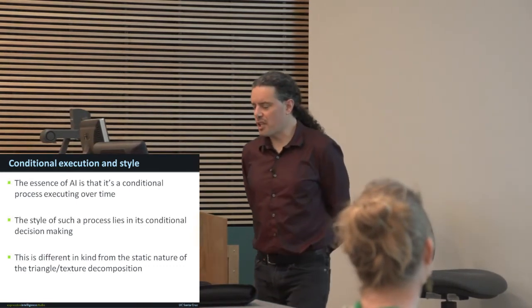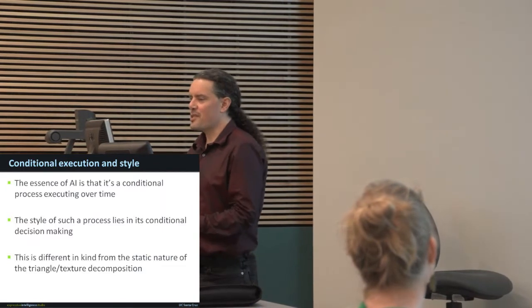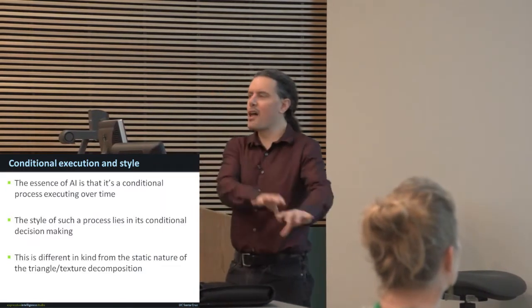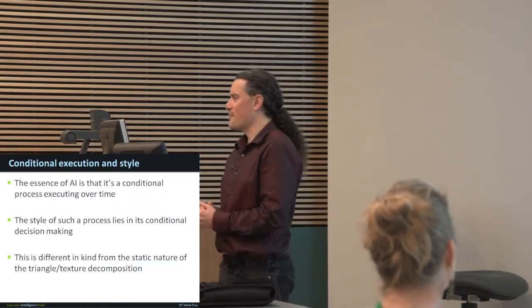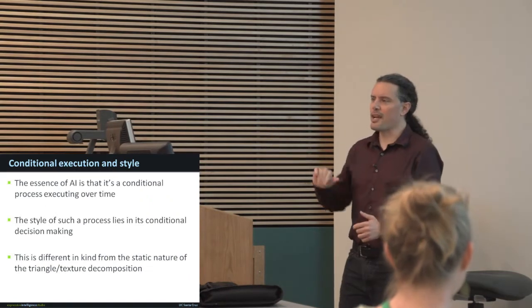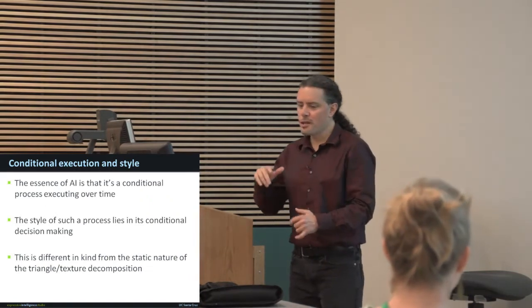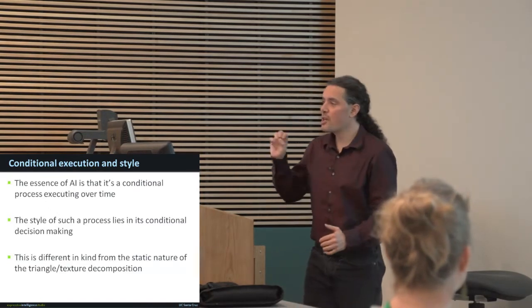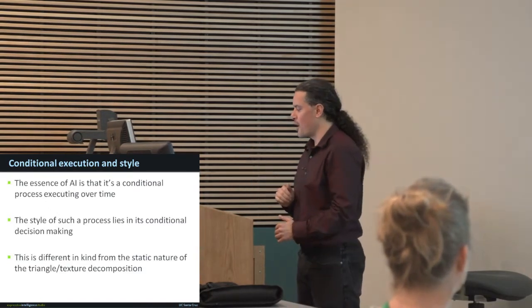What makes a particular NPC feel like a particular NPC is how it makes decisions over time compared to how some other NPC makes decisions over time, right? Or what makes a particular AI director that's doing dynamic difficulty adjustment feel different from a different AI director is the details of how it makes different decisions over time.